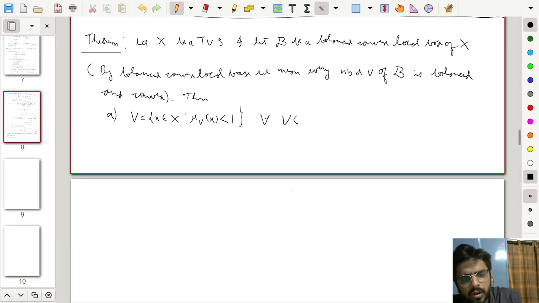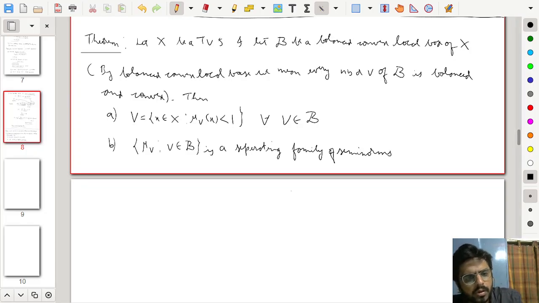This is true for all V belonging to B. And the second assertion says that this family mu V, where V varies over B, is a separating family of seminorms such that each mu V is continuous. Okay.